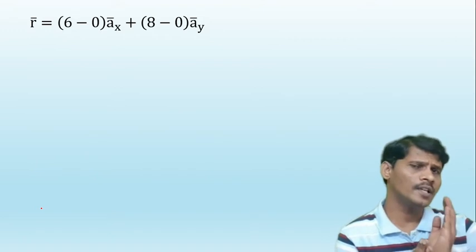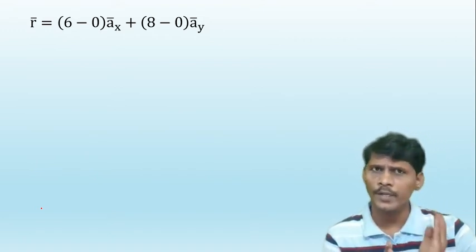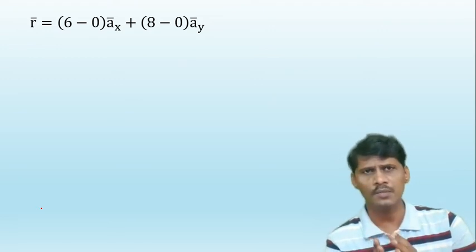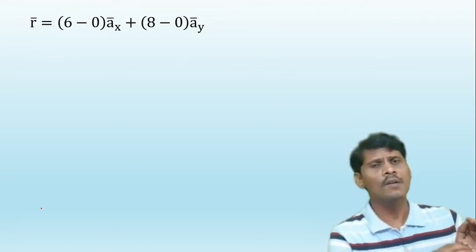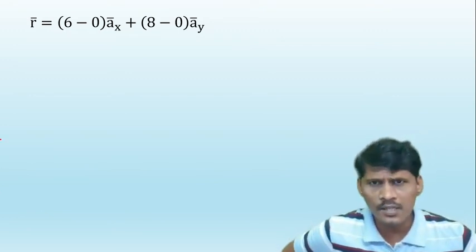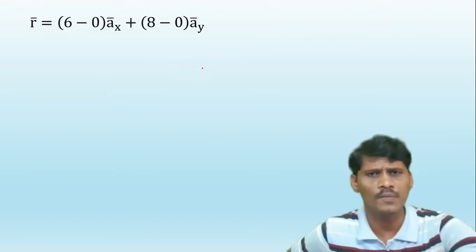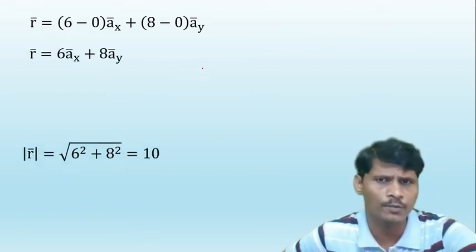So the electric field intensity or electric flux density is calculated at point P due to the line charge. Because of that, r bar is point P minus the line charge coordinate point, that is 6 minus 0 ax bar plus 8 minus 0 ay bar, equal to 6 ax bar plus 8 ay bar.